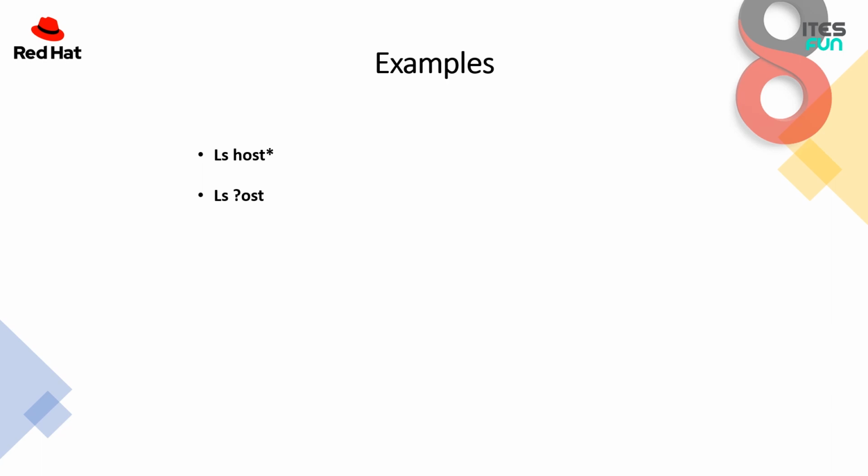Let's have a practical overview of them. Now let me show you some examples. To start with, there is ls host star. As I've already opened a console, I can show you what this is doing. Let me go to the home directory and let's say I type ls host star. It's showing me one file available, named hosts.